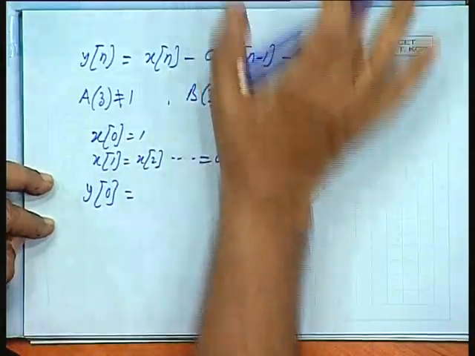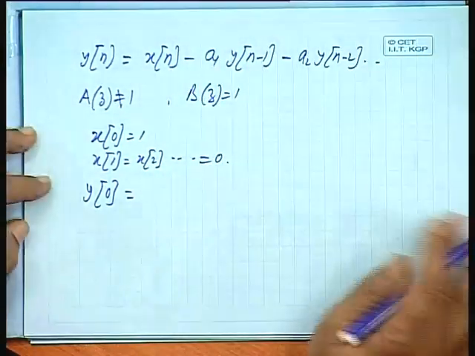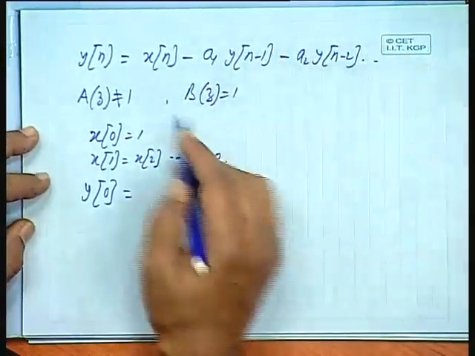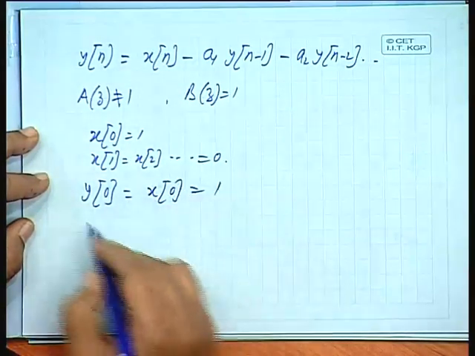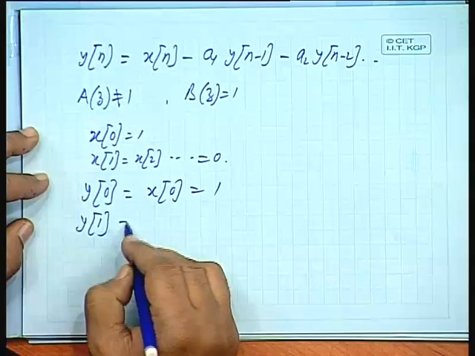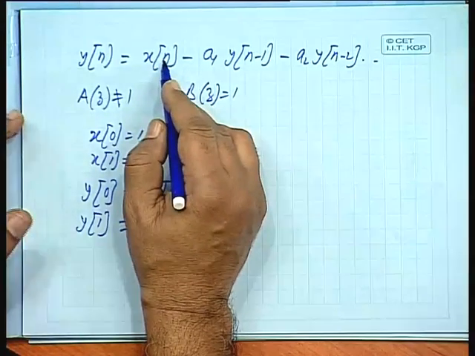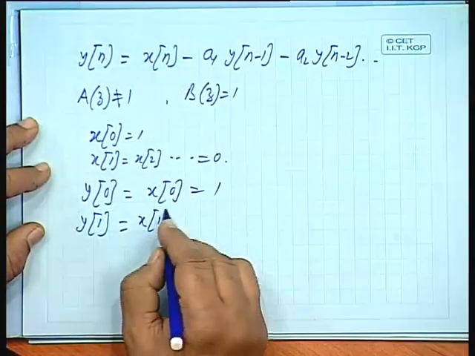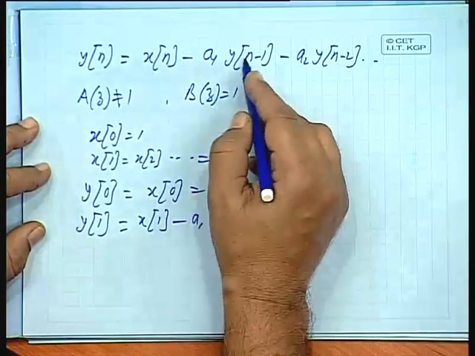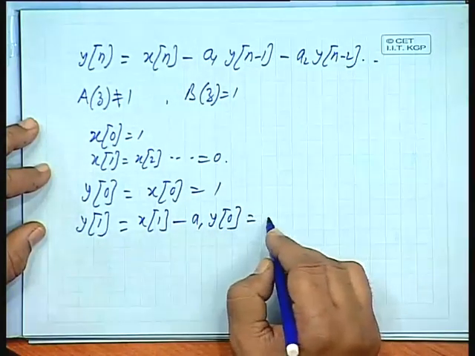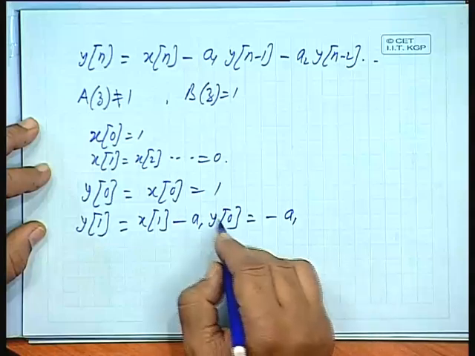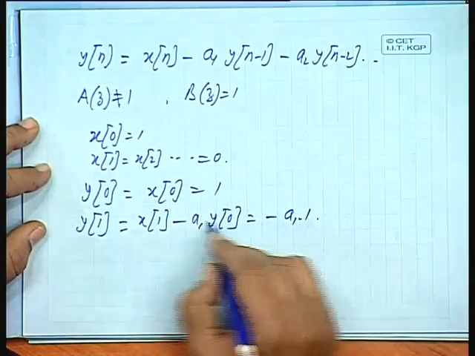These are all initially 0, initially relaxed, so it will be x0, which is 1. What will be y1? It will be x1, which is 0, minus a1 times y at 0, which is minus a1 into 1, that is x0.